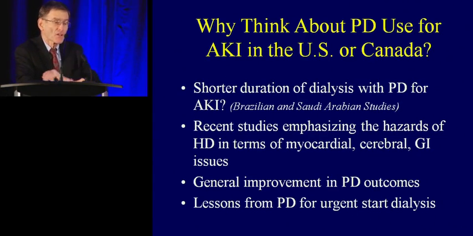So those studies are fascinating. So the argument really would be that hemodialysis used intermittently is not as benign as we think it is, that you can get myocardial, cerebral, gastrointestinal damage from this, and you really can aggravate patients who are critically ill and worsen their condition. This would not happen with PD because you have less hypotensive episodes, less periods where you're having rapid fluid removal.